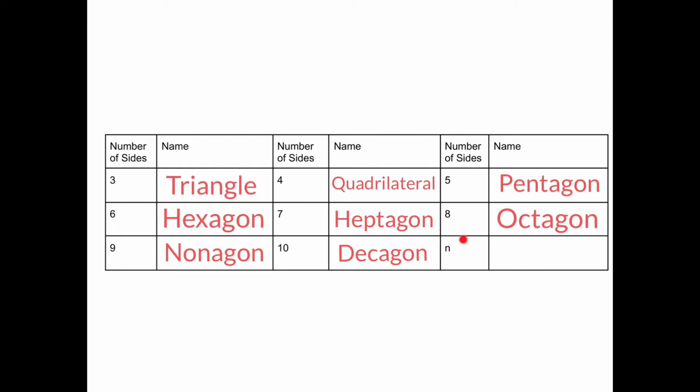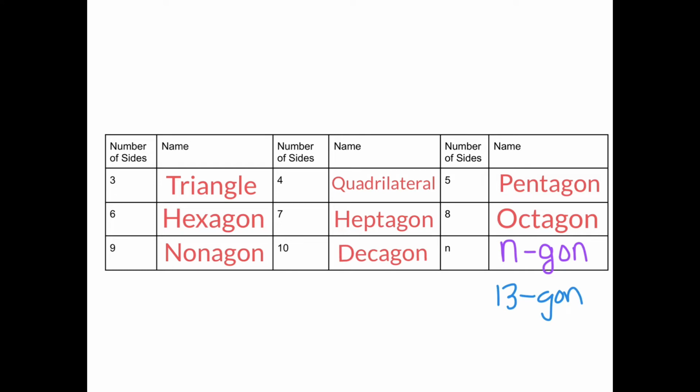And a polygon can have any number of sides, but they don't all have special names. There are some more that have special names, like a 12-sided figure is actually called a dodecagon, but if they don't have a special name, then it's called an n-gon. The n-gon would just be filled in with however many sides it has. So if it has 13 sides, it would be called a 13-gon, and so on.